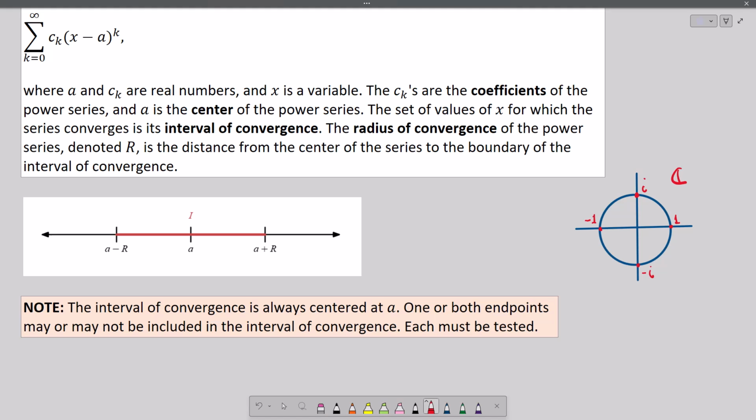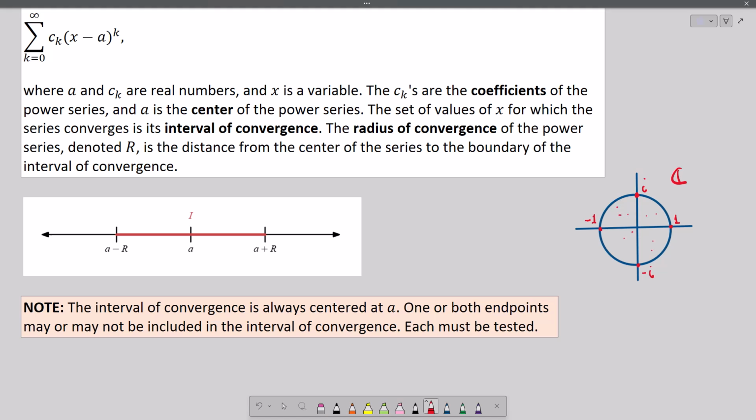If you imagine this extending into a big circle and going up and down are the imaginary units, if you go up Ri and minus Ri, you will get convergence for any of the complex numbers that are within the circle.